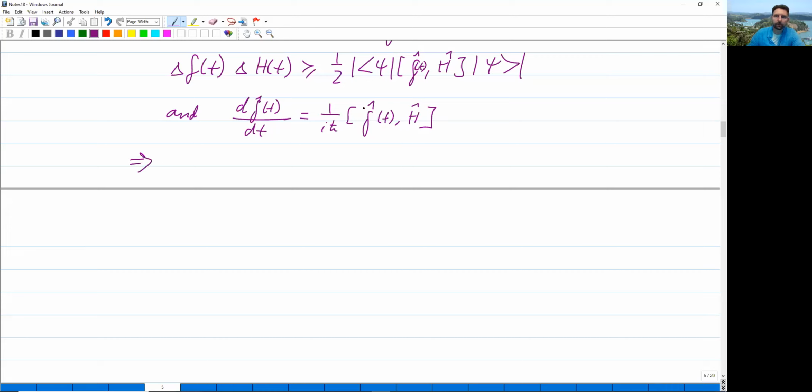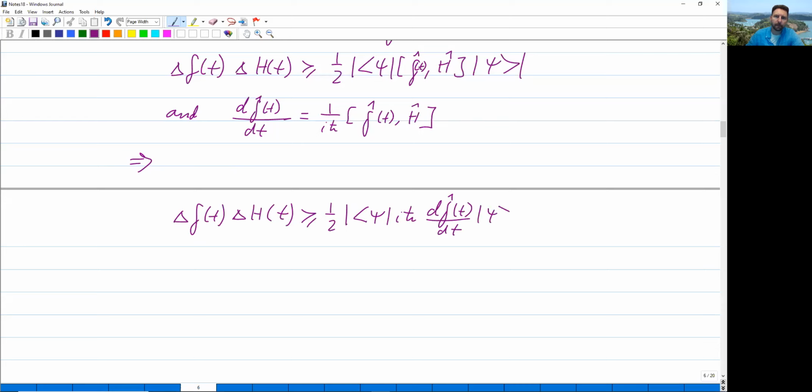Therefore, we have that delta f of t, delta h of t is larger equal 1/2 absolute value, the expectation value of the commutator, but this is going to be i h bar and then df hat of t by dt, psi.